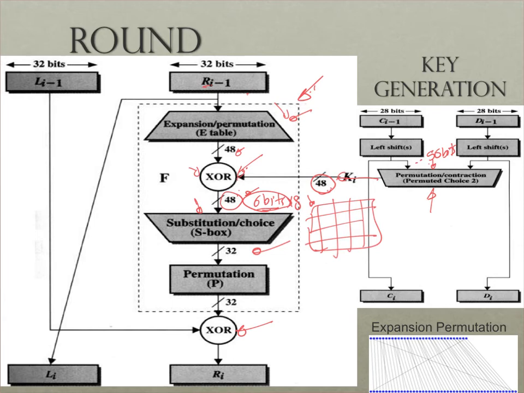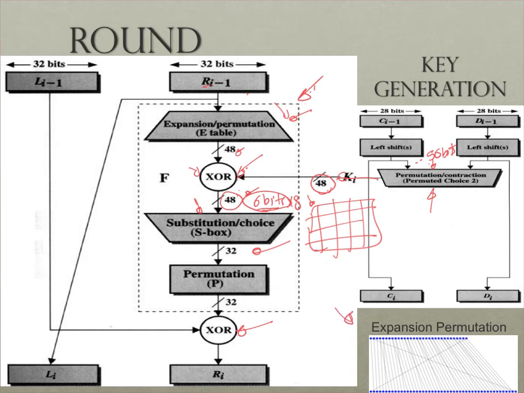So the F function performs 3 or 4 operations. Permutation with expansion to convert 32 bits to 48 bits. Then we do XORing. Then we do the S box. Then we do the final permutation step to produce the 32-bit output. And we do this for every single round.